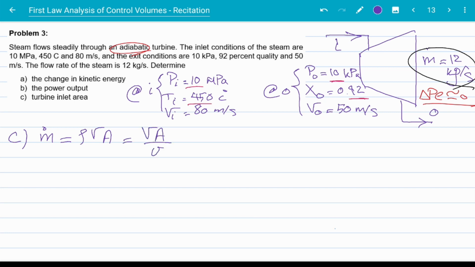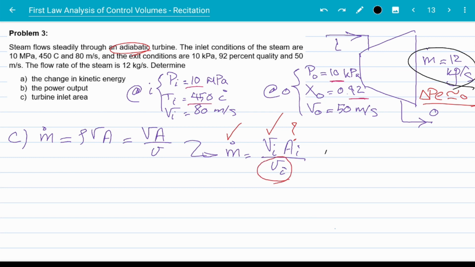Now, I know everything except the cross-section area at the inlet, so m dot is velocity inlet times cross-section area inlet over specific volume of the inlet. So I know this velocity at the inlet, I know the mass flow rate, the cross-section area is in question, specific volume I can read from the tables.